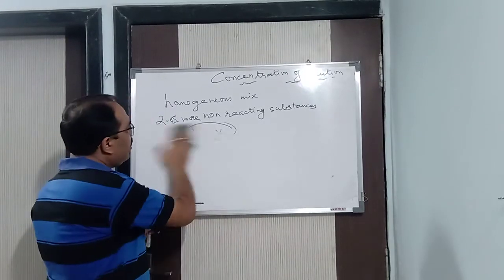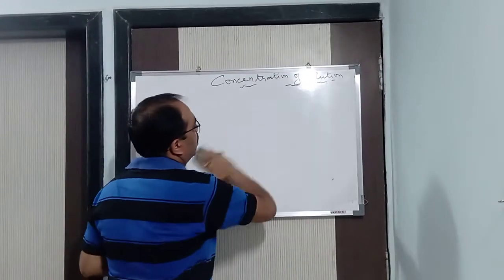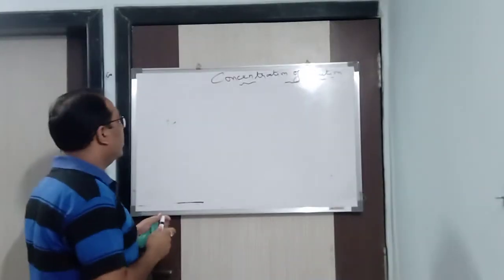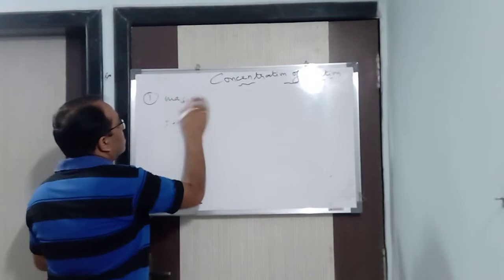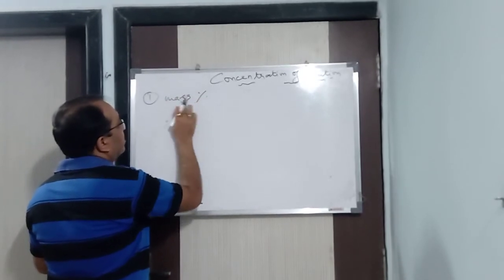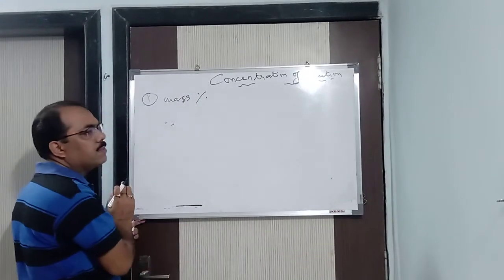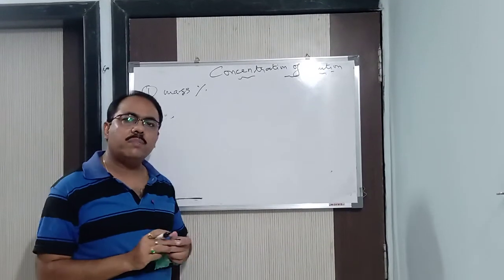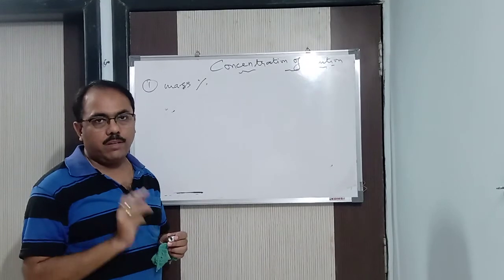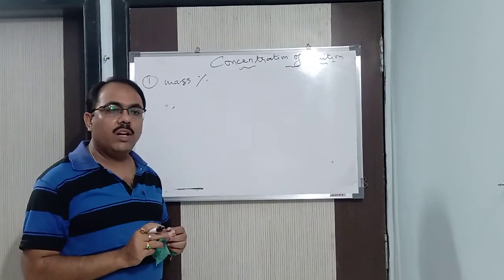Understood? First, I will come to the mass percentage. The name itself suggests, mass percent. How do you find the mass percent? Suppose I am finding out the mass percent of solute. So what will I do?